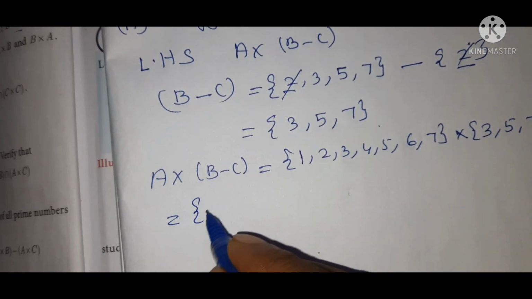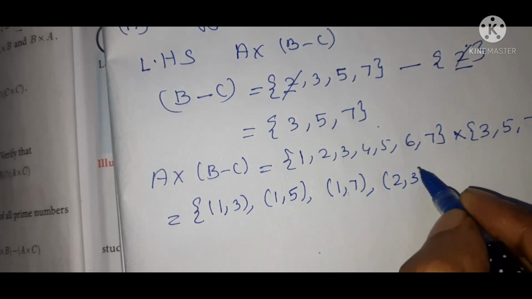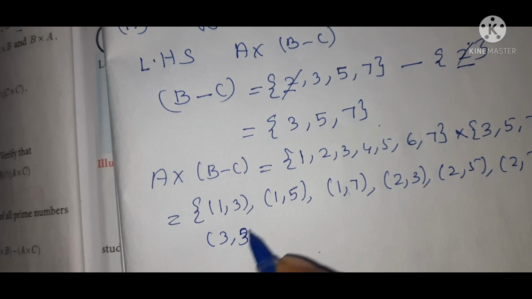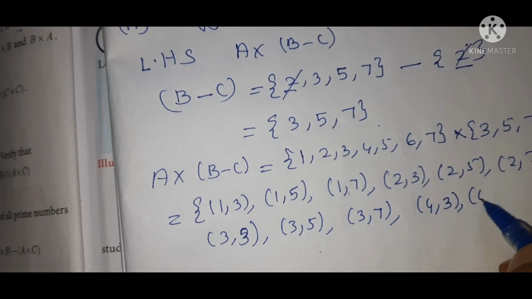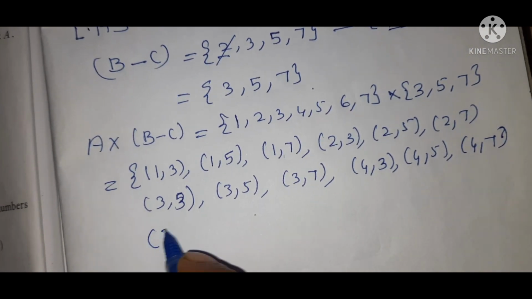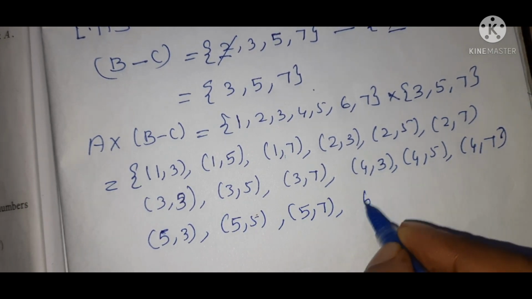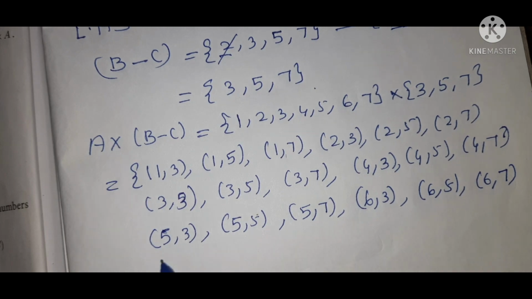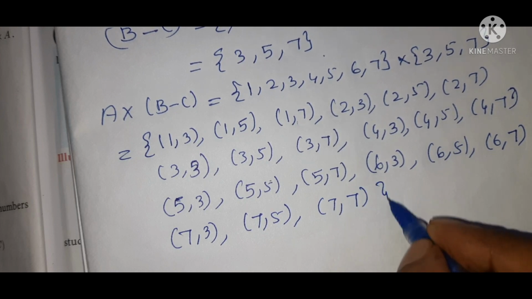The ordered pairs are (1, 3), (1, 5), (1, 7), (2, 3), (2, 5), (2, 7), (3, 3), (3, 5), (3, 7), (4, 3), (4, 5), (4, 7), (5, 3), (5, 5), (5, 7), (6, 3), (6, 5), (6, 7), (7, 3), (7, 5), (7, 7). Says 1.